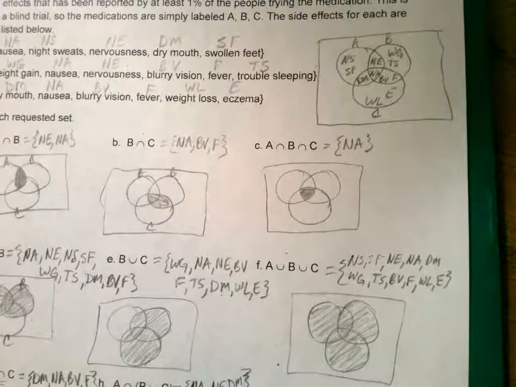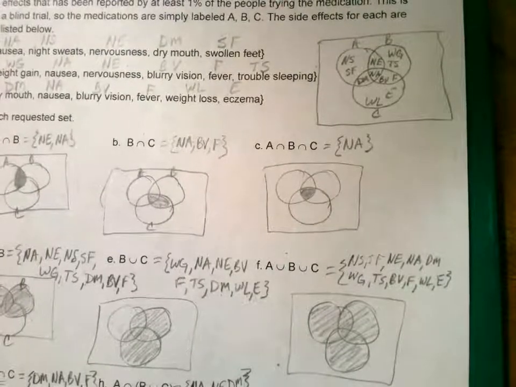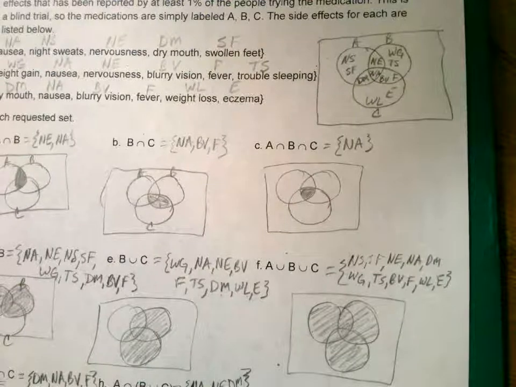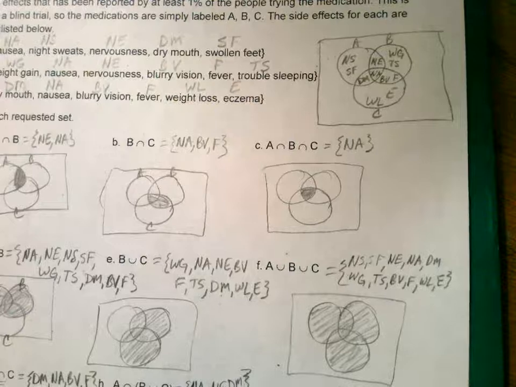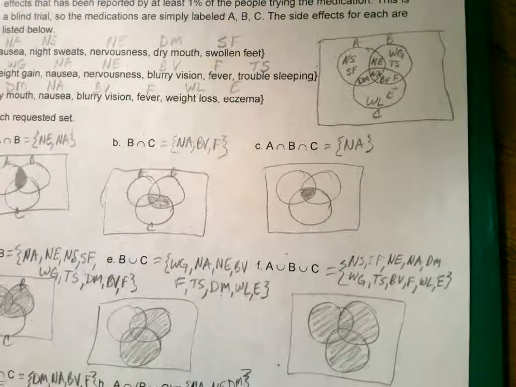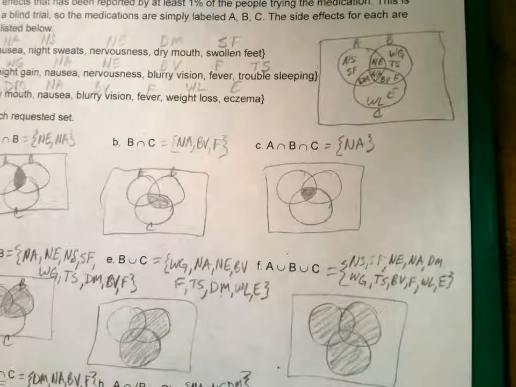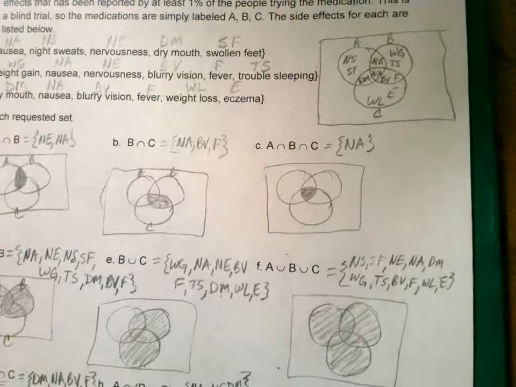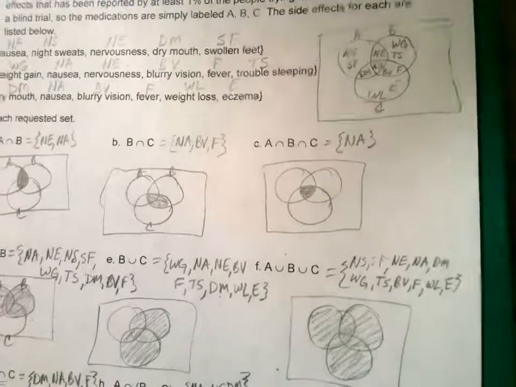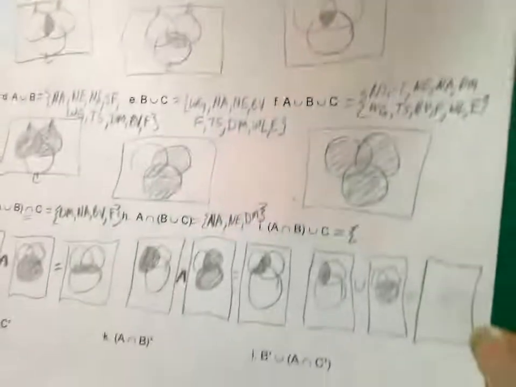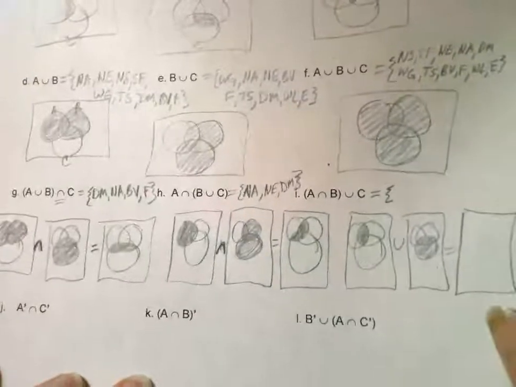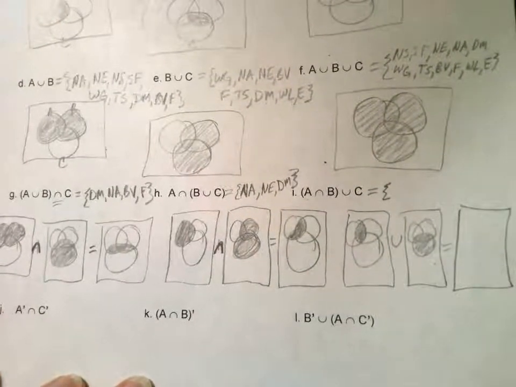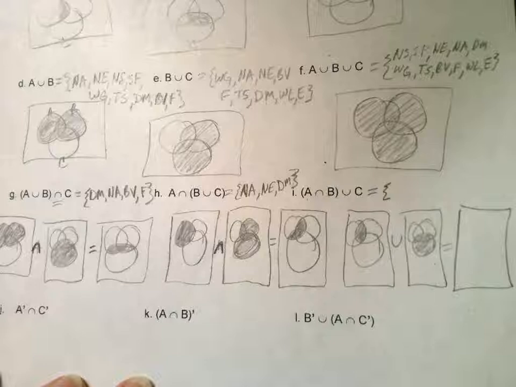All right, so A, B, C. Okay, so intersect A and B is only here. And then we want to union that with just all of C. So you end up with a picture. Oh my gosh. I'm sorry. Oh no, I was off the page and I'm just busy talking along.